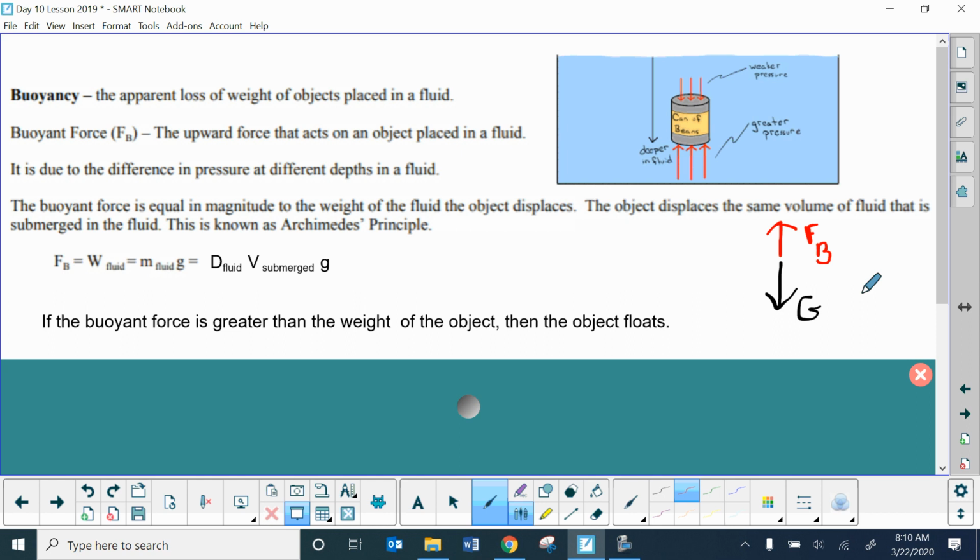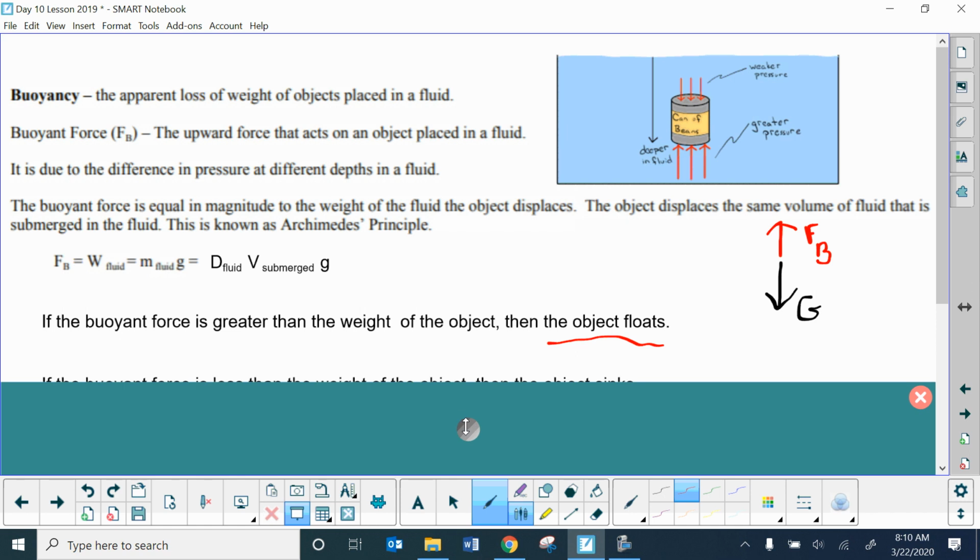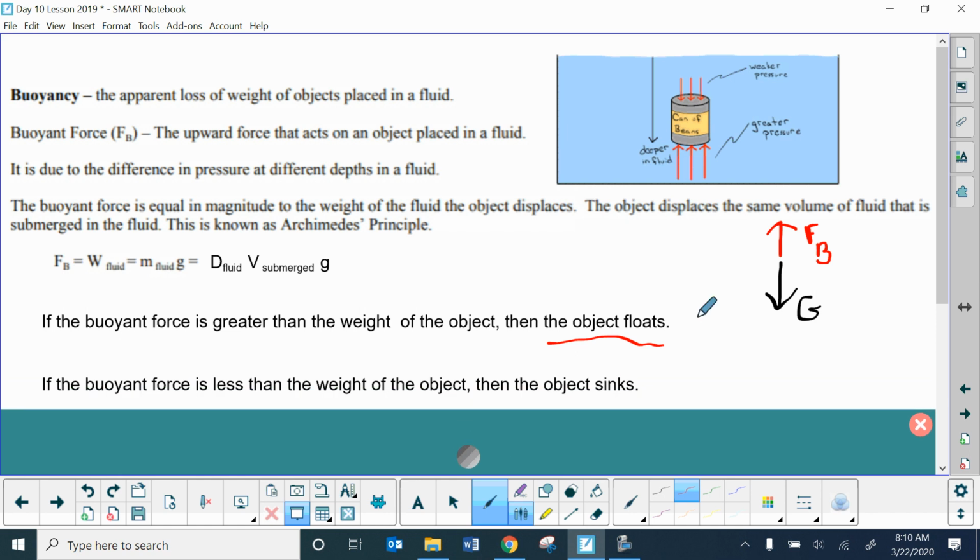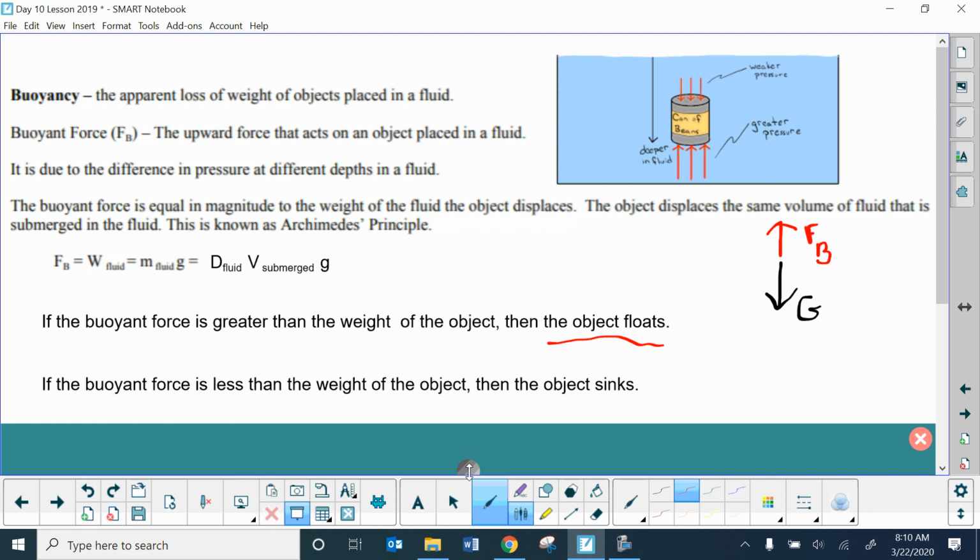If the buoyant force, this force going up, is greater than the weight going down, then the object's going to float. That makes sense. And the opposite: if the buoyant force is less than gravity, so if gravity is bigger than the buoyant force, the object would sink. That's essentially why things sink and float, just looking at the buoyant force. And we'll go ahead and go through a problem now.